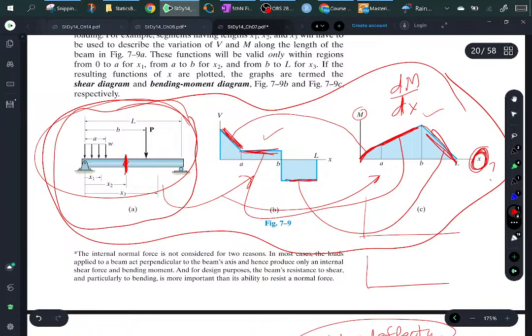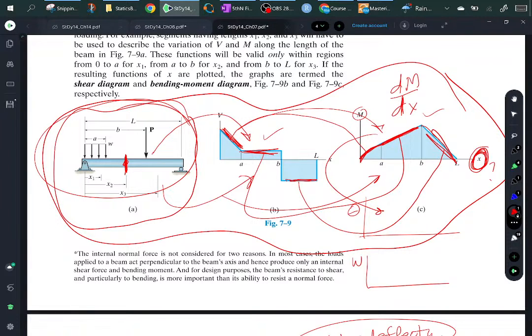One of the last ones will be an angle, you'll look at the angle of the deflection, and this one will be the W. So you go from the load diagram to the shear to the moment to the rotation of the beam, where it's rotating, and then from there you go to the deflection.